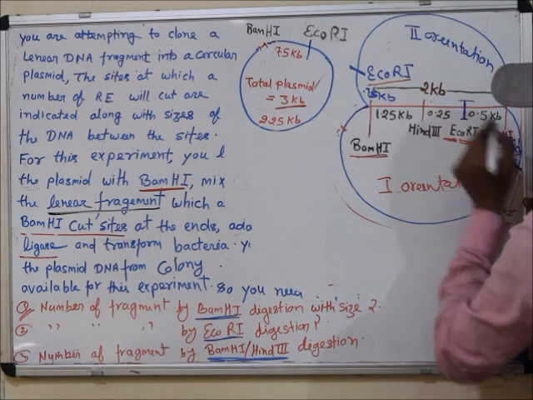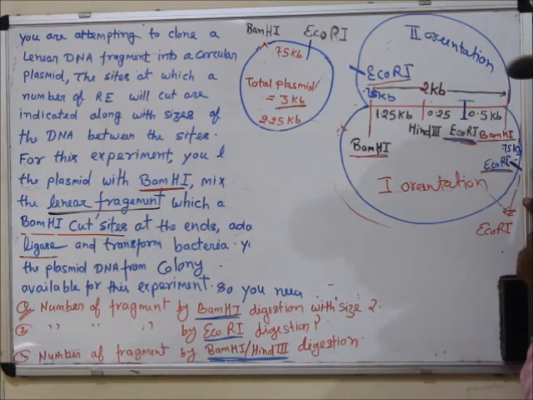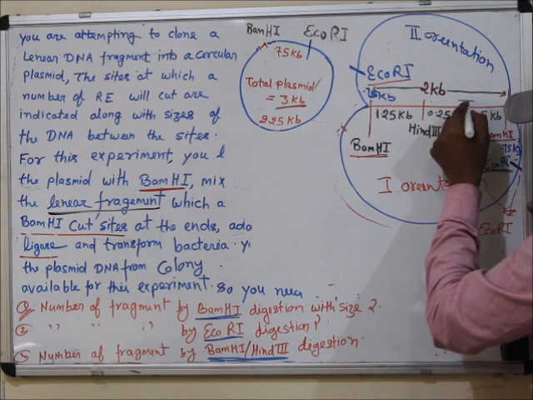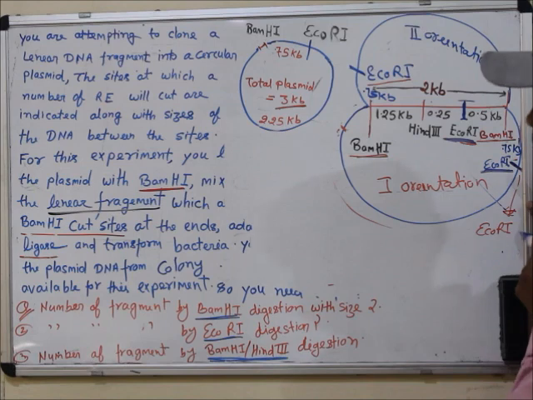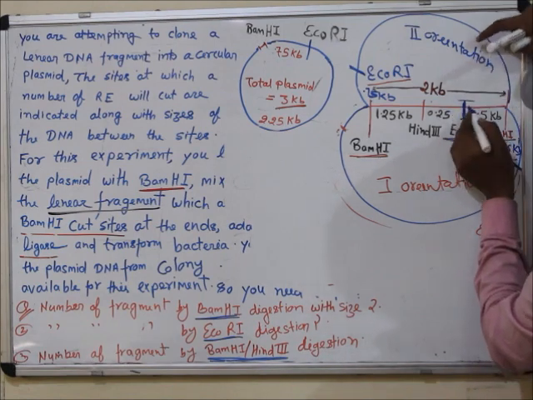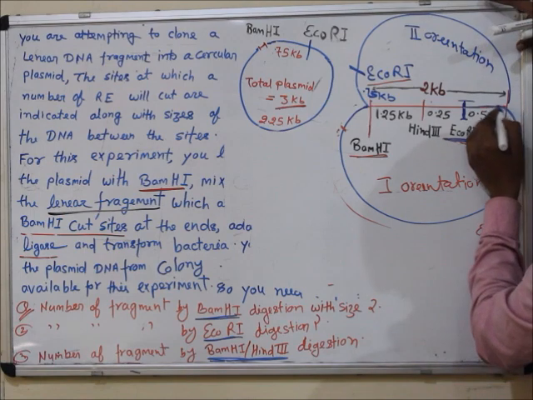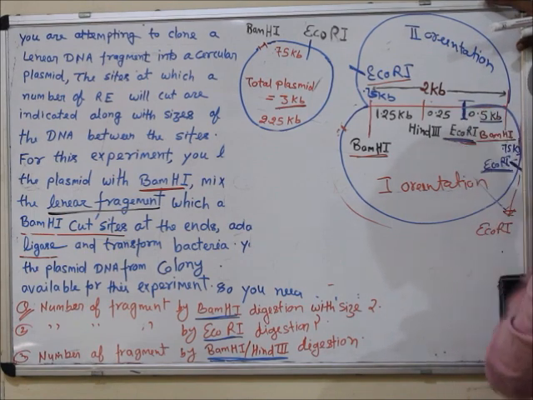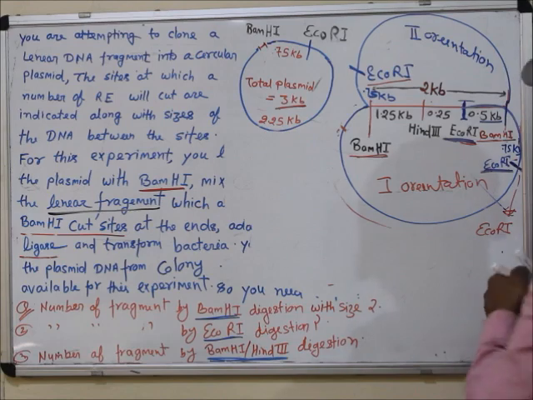Restriction digestion with EcoRI. Here is EcoRI. The fragment would be here, 0.5 kb plus 0.75 kb, because there is a BamHI site.